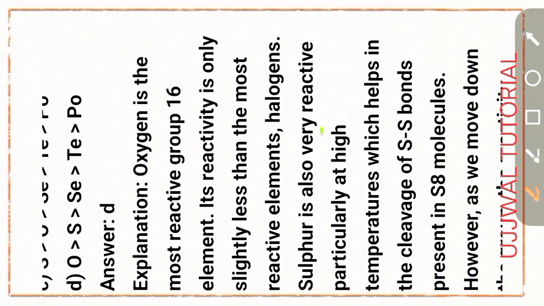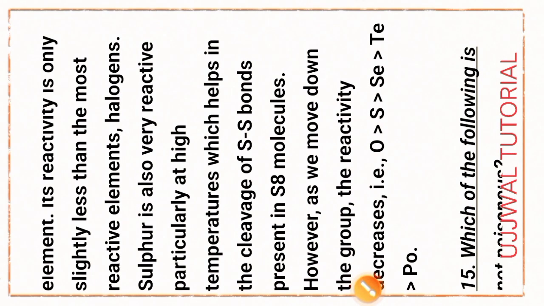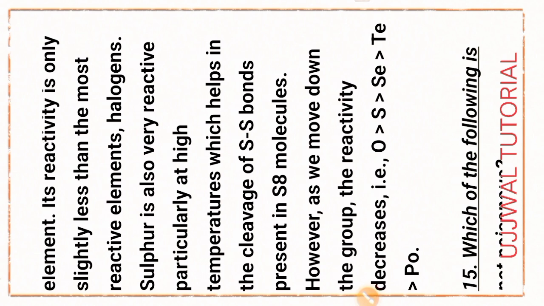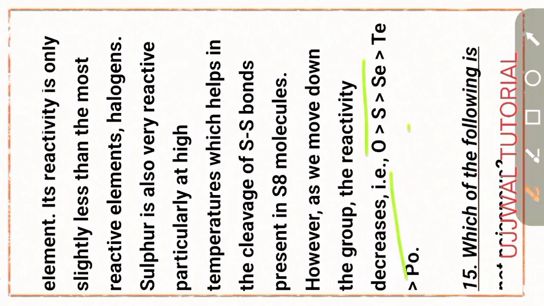Sulfur is also very reactive, particularly at high temperature, which helps in the cleavage of the sulfur-sulfur bond present in the S8 molecule. However, going down the group, reactivity decreases and is less than oxygen. That is the order: oxygen greater than sulfur greater than selenium greater than tellurium greater than polonium.